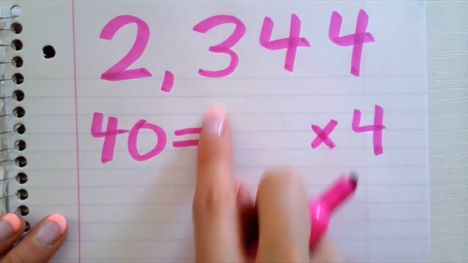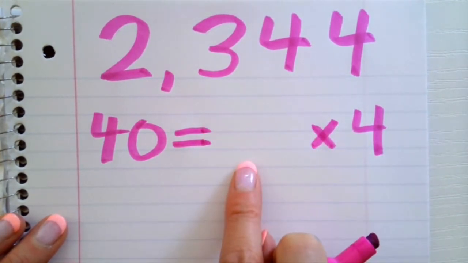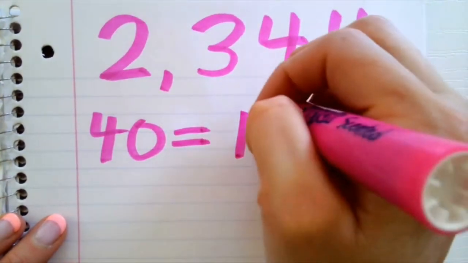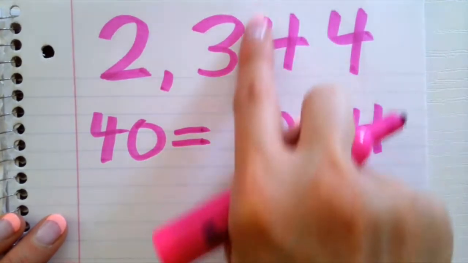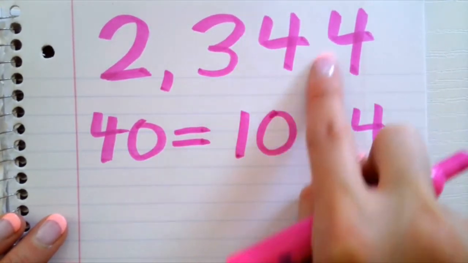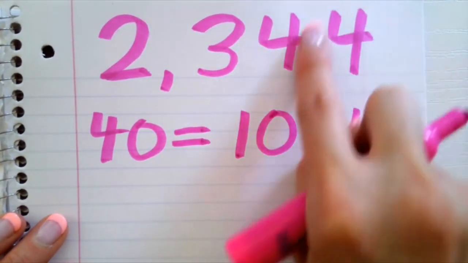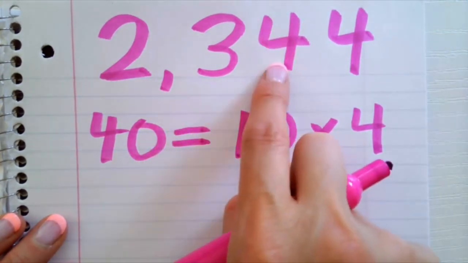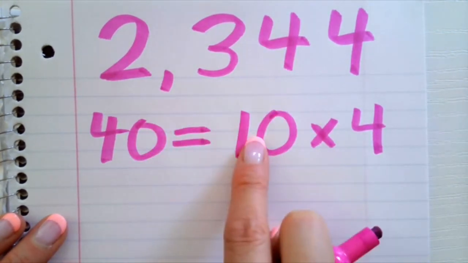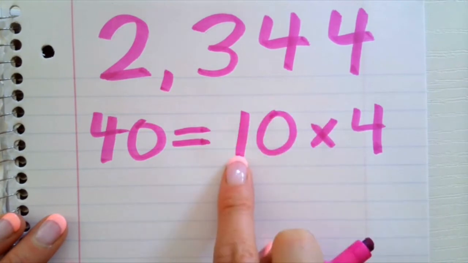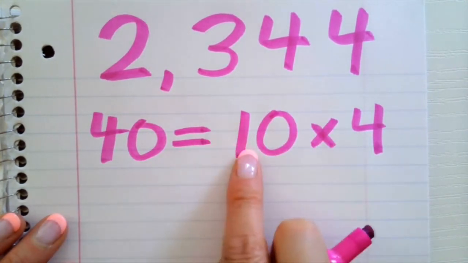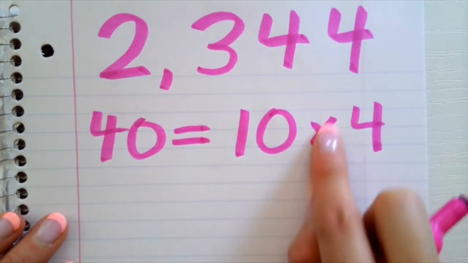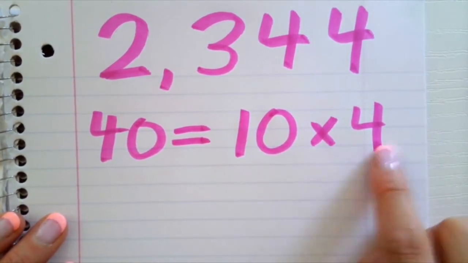What is the something that goes in this space? 10. This 4 is 10 times bigger than this 4. 40 is 10 times greater than 4.